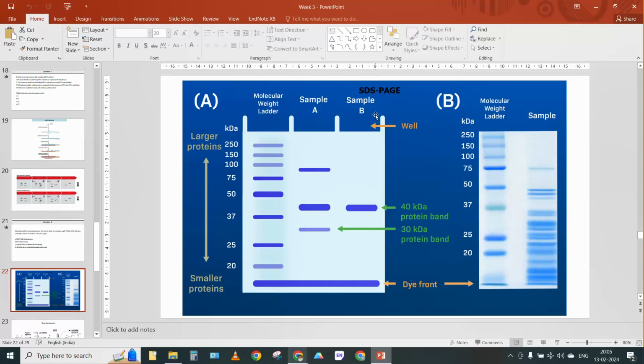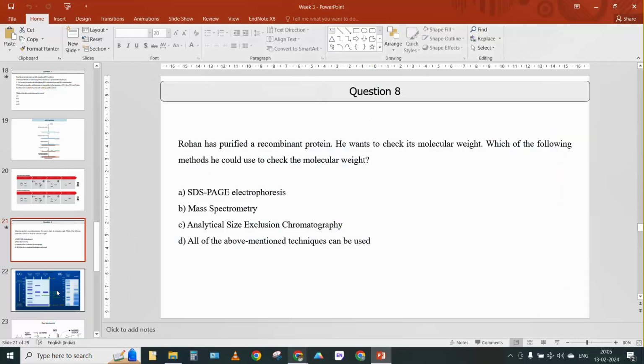As you can see, the combined use of sodium dodecyl sulfate and the reducing agent allows each protein to run through the gel based solely on its molecular weight. In this way we can use SDS-PAGE to identify the molecular weight of any recombinant protein, which Rohan should have used.